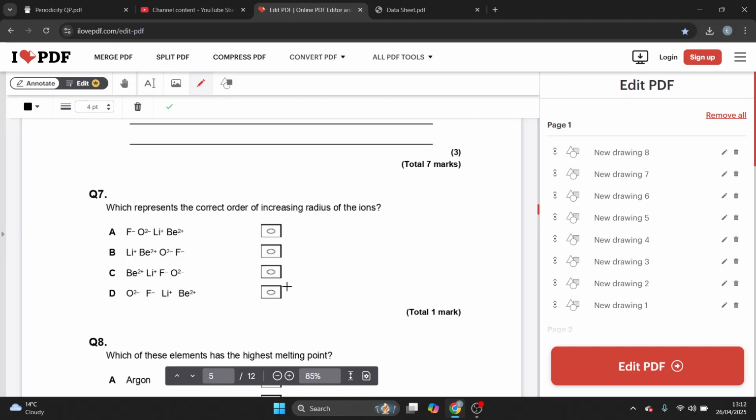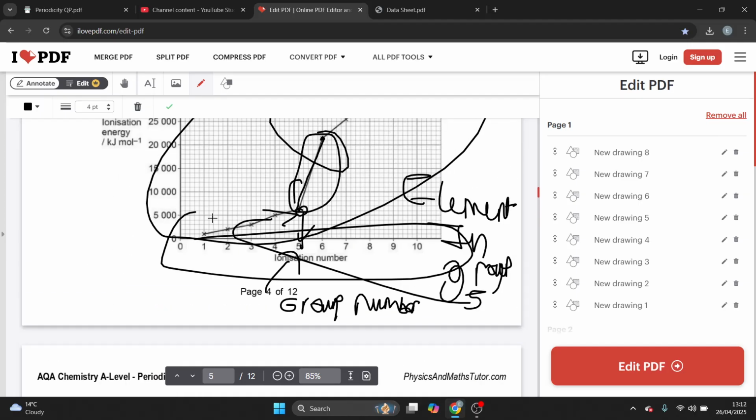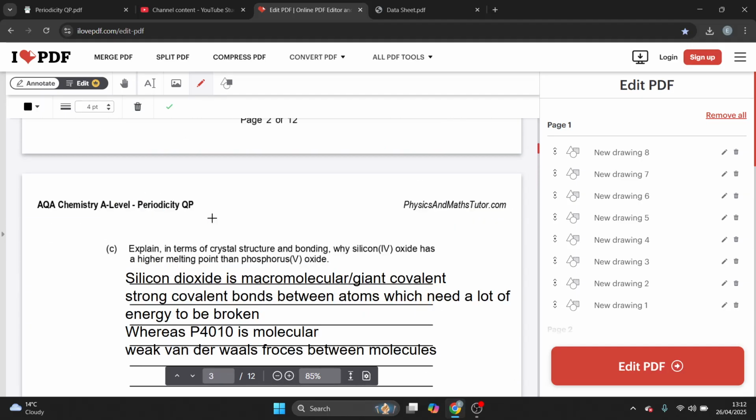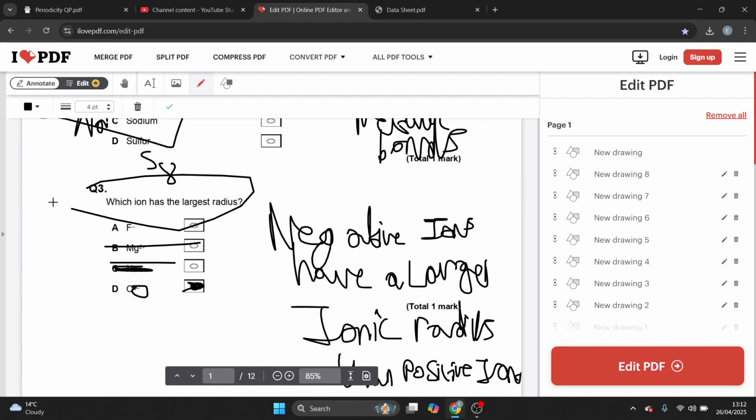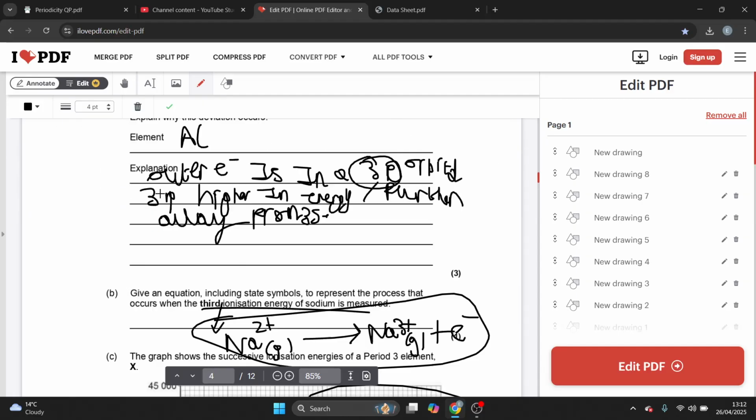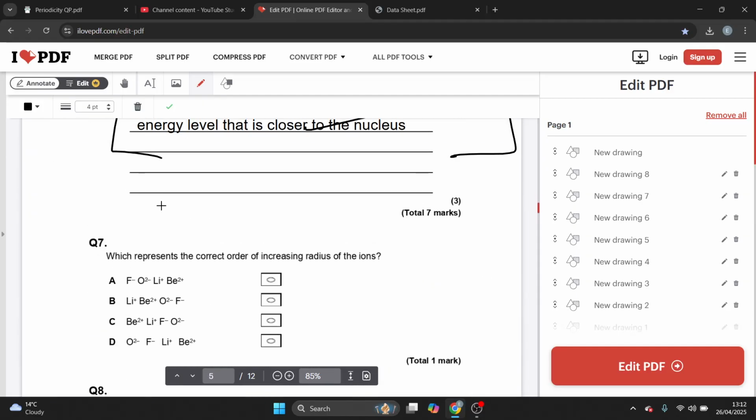Which represents the correct order of increasing radius of the ions. Now, very similar to this question, which ion has the largest radius. Just slightly different, but I'm still going to use the key fact that I told you to memorize.